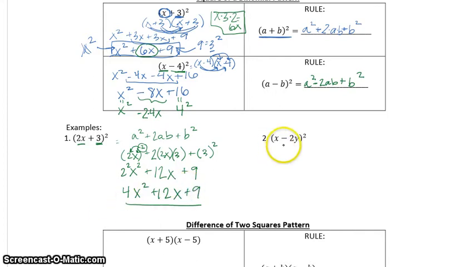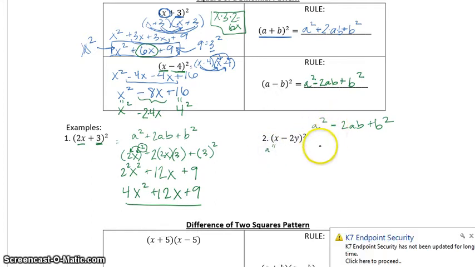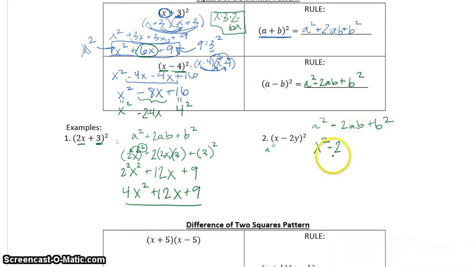In example number 2, here we have x minus 2y squared. Since we have our minus here and we're squaring, we can use our rule so our answer will be in the form a squared minus 2ab plus b squared. Here we can think of x as being equal to a, so our first term, a squared, is just going to be x squared. In the middle we have minus 2a times b, where a is equal to x and b is equal to 2y.